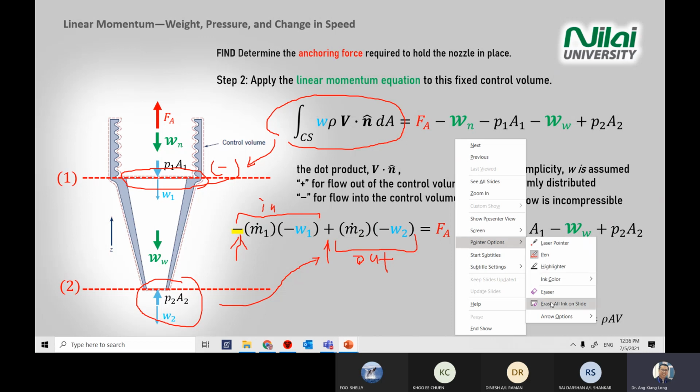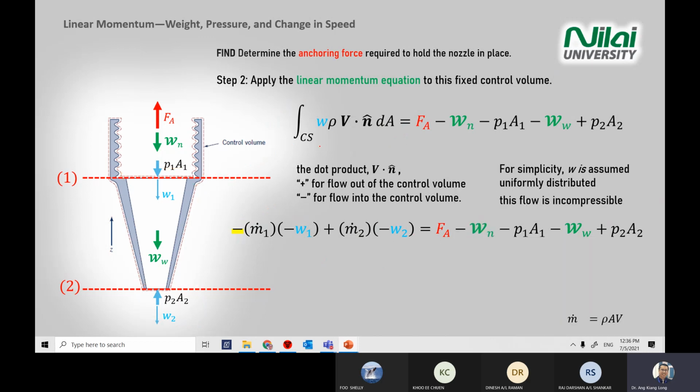Okay, next we just process the information. So you know that rho VdA, this one, rho VA or rho AV, any of these will give you m dot, like what you did in the mass flow rate, conservation of mass earlier.